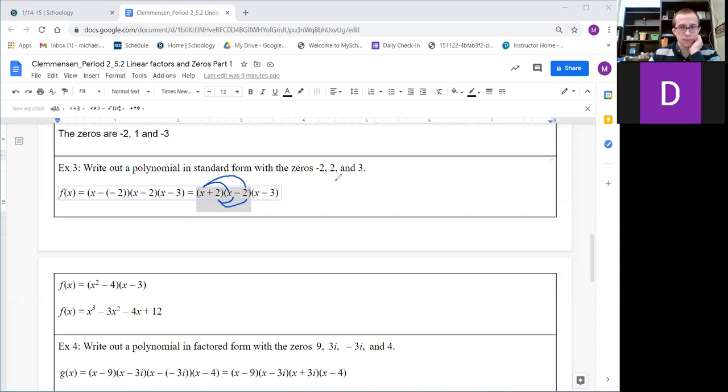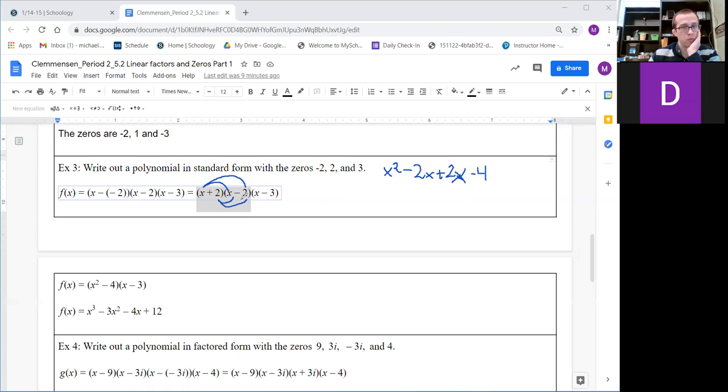X times x gives me x squared. X times -2 gives me that -2x. 2 times x gives me 2x. And then 2 times -2 gives me -4. Right.